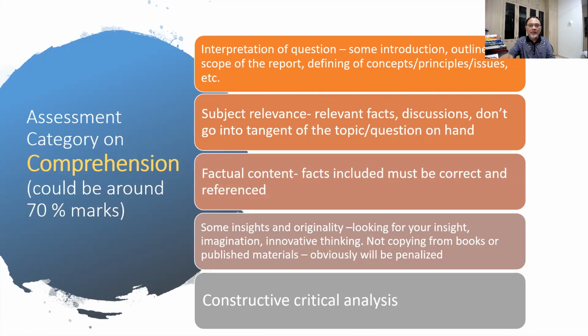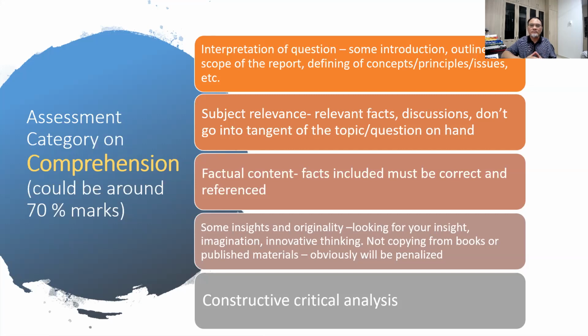Okay. So there are two assessment categories in general. One is comprehension, and the other is effort and presentation. Comprehension means we are looking at the interpretation of the question.